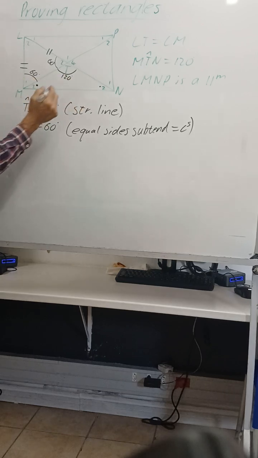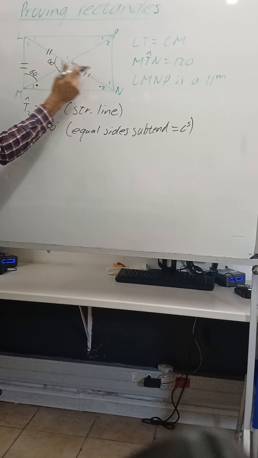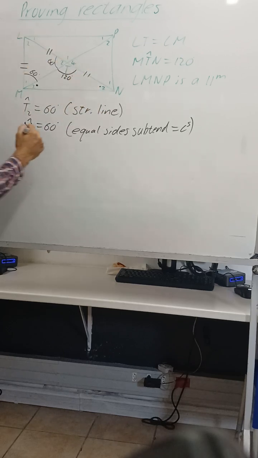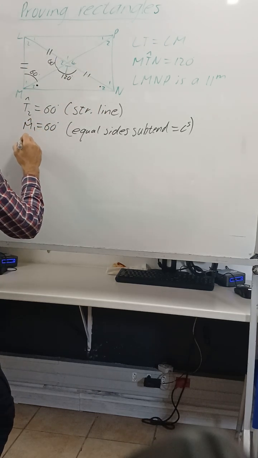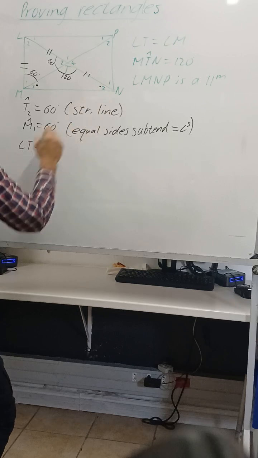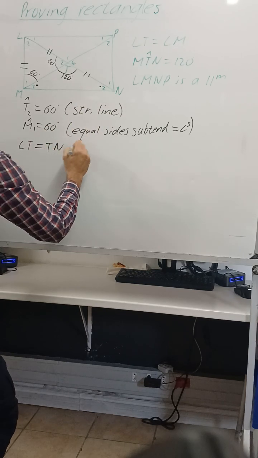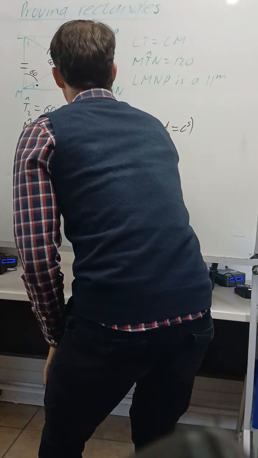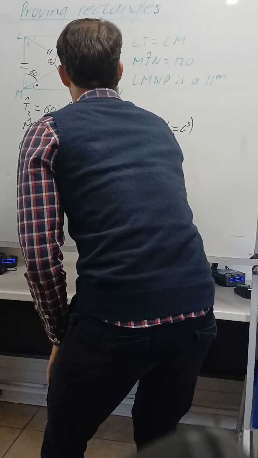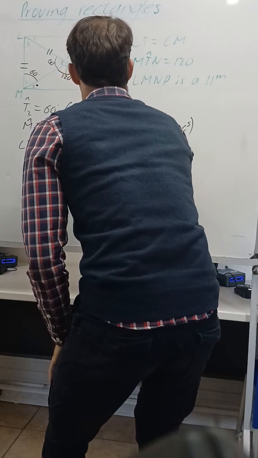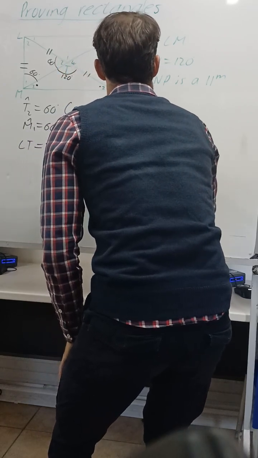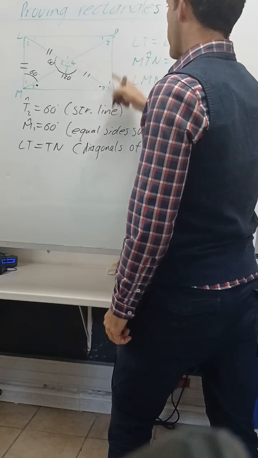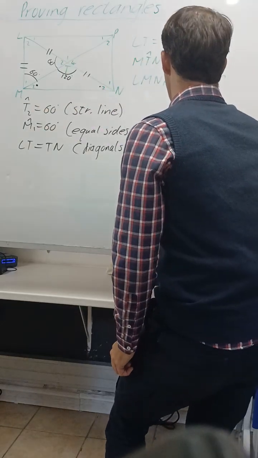Well, we can start by saying that this line TN is equal to LT. We can first say that LT is equal to TN, because the diagonals of a parallelogram bisect.